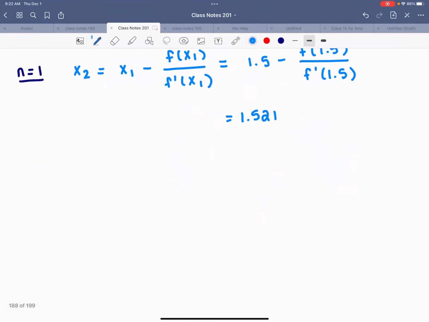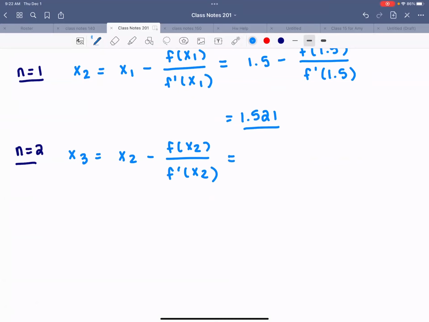All right, so this is what x2 is, okay? When n equals 2, well, the equation becomes this: x3 equals x2 minus f of x2 over f prime of x2, right? So this is just replacing my equation with n equals 2 this time, okay?